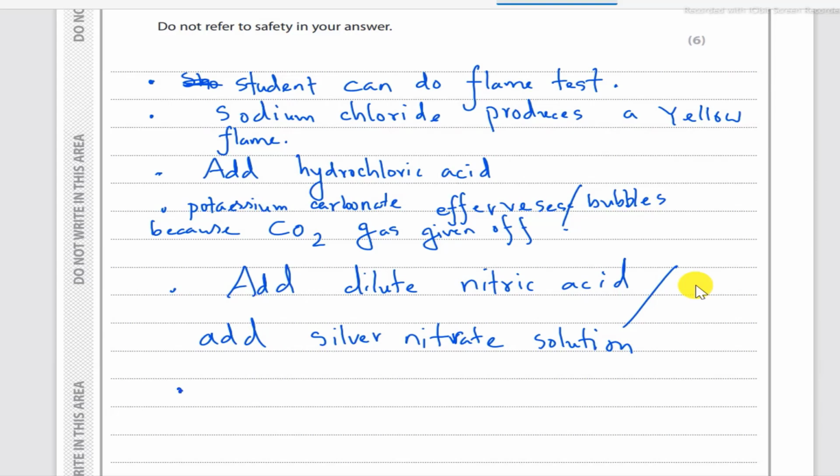Potassium chloride gives a white precipitate.